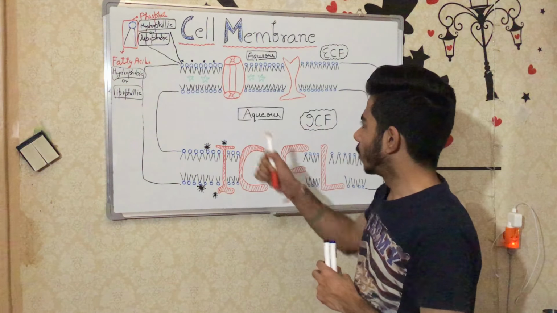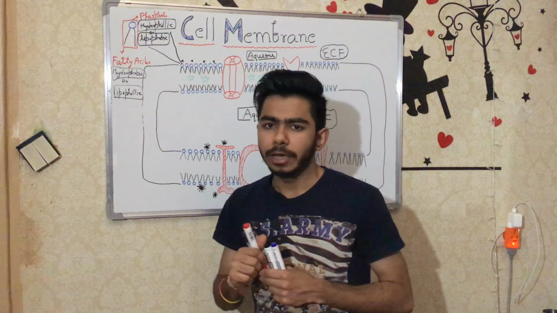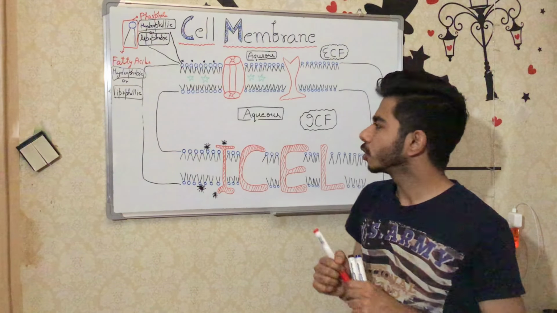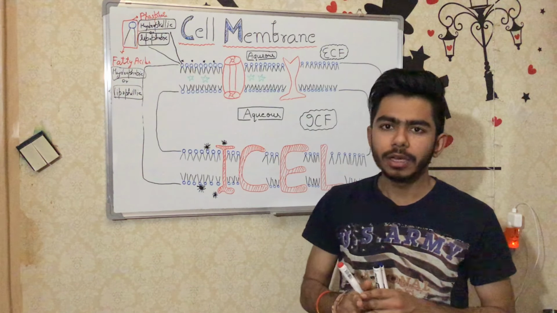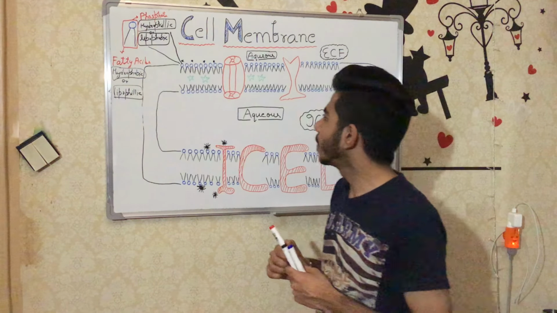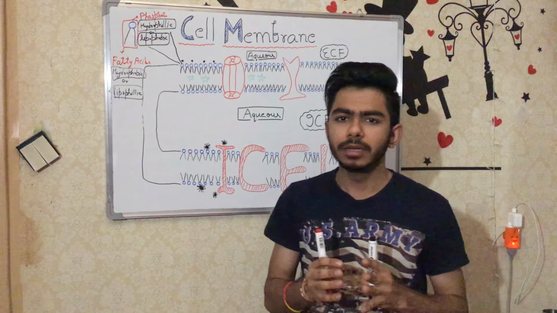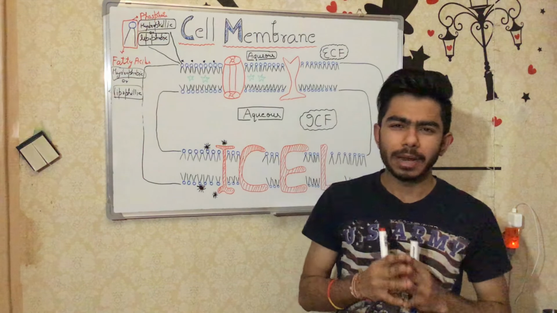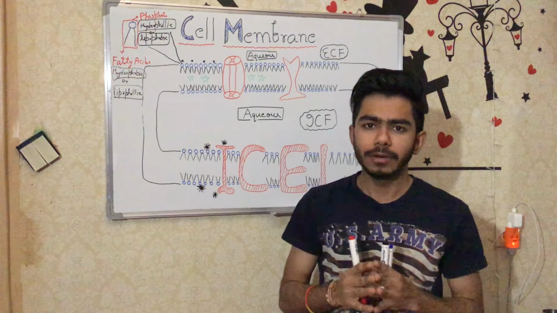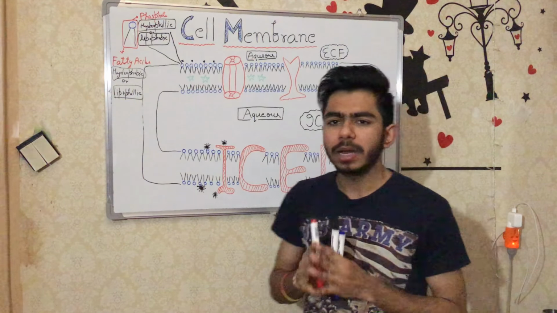So we were talking about the fluidity and mobility of the cell membrane. They are not immobile, they are moving along the cell in the cell membrane. The fluidity can be affected by some parameters. Now what are these parameters?